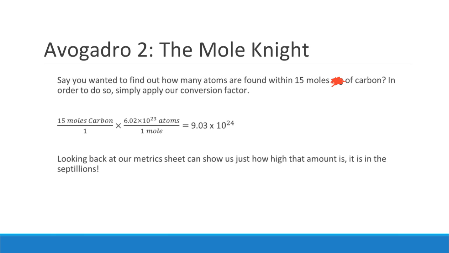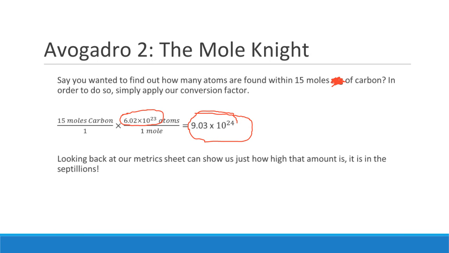And so back to scientific notation. I hope you've been exposed to this enough. Scientific notation, once again, is a way of writing very large numbers very small. So this is 9.03 times 10 to the 24th, just like this is 6.02 times 10 to the 23rd.